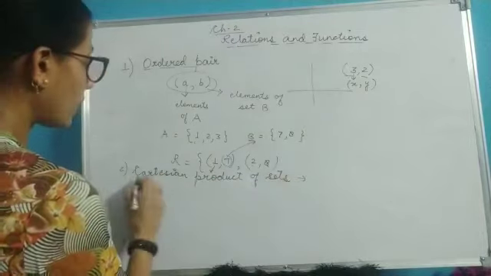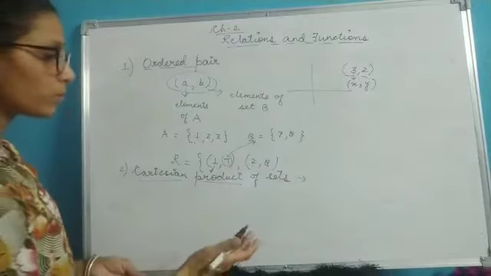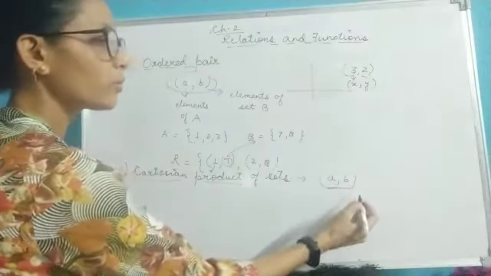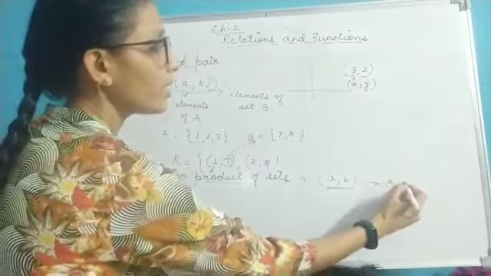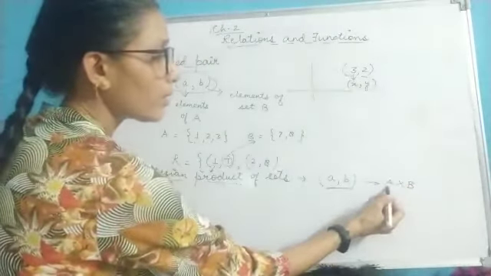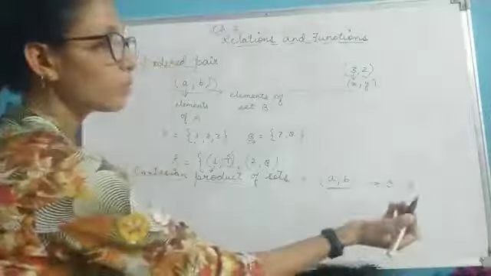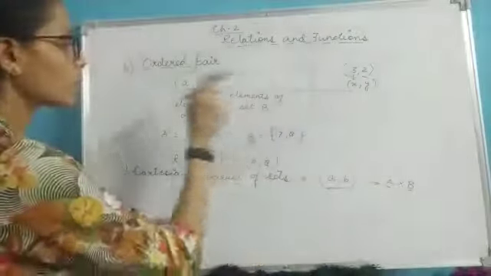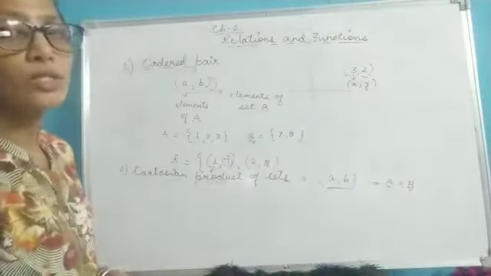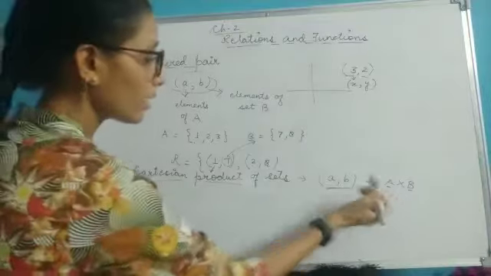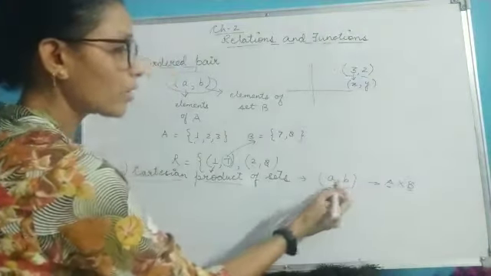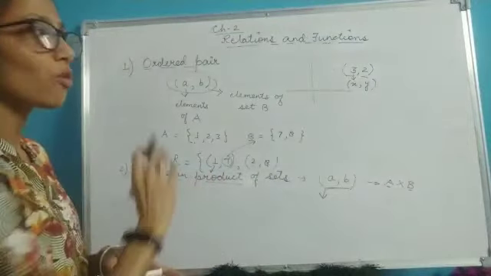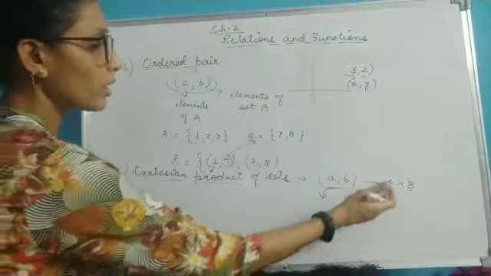When we talk about the Cartesian product of sets, we are talking about the ordered pairs only, and the Cartesian product is written as A × B. That means I am taking the elements of A and the elements of B, but the set or collection of all these ordered pairs is known as the Cartesian product of sets. So it is written as A cross B, and the collection of ordered pairs is known as your Cartesian product.